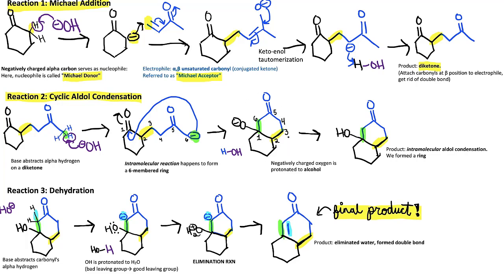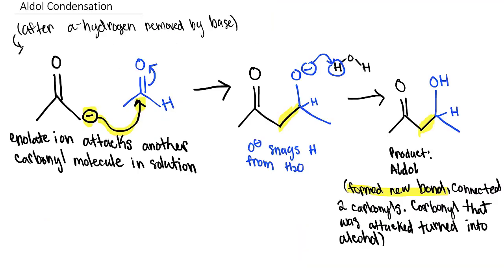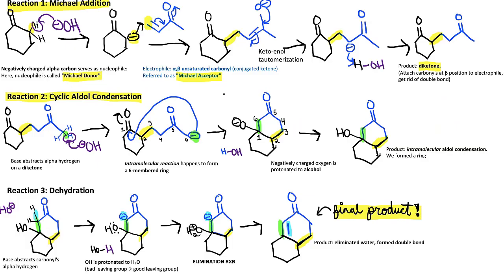When we look in our product, we've actually formed a 6-membered ring, and this is cyclic aldol condensation. So we did the exact same thing as we did with regular aldol condensation, except we just did it in order to form a ring.